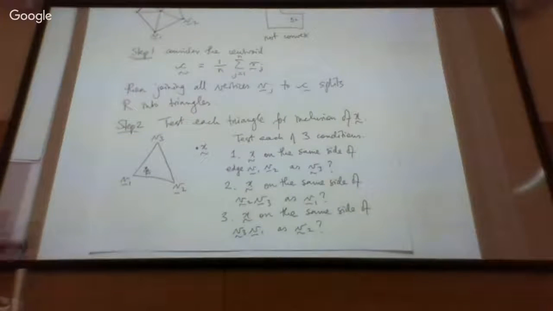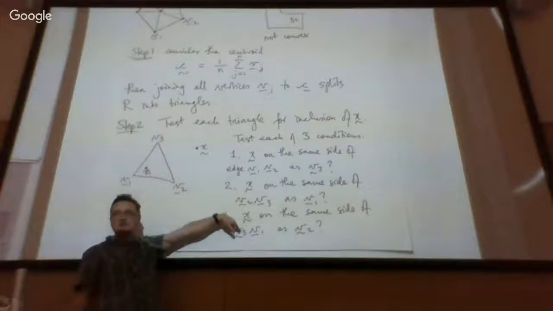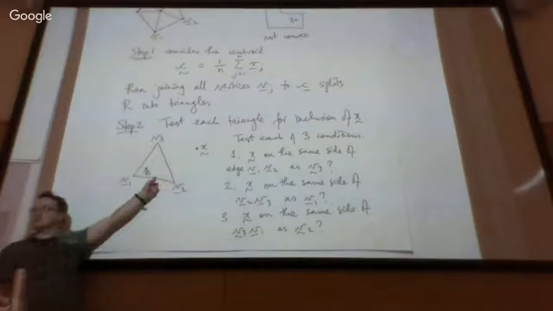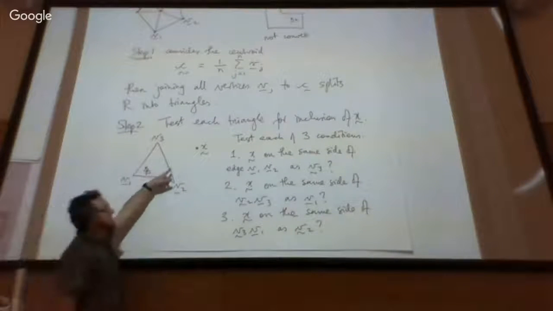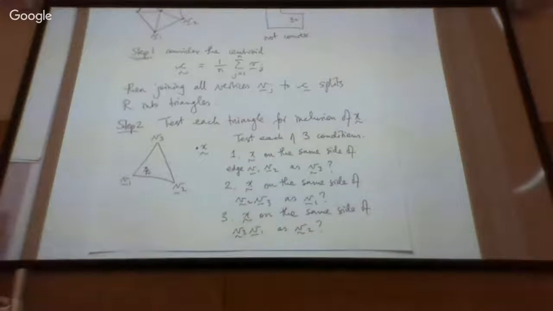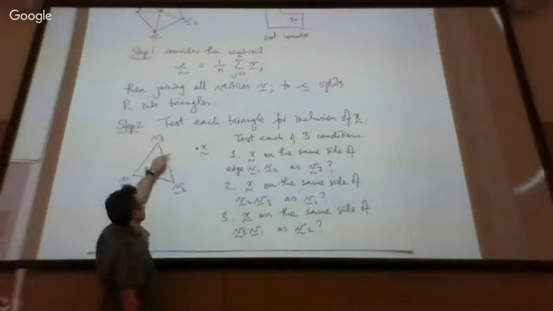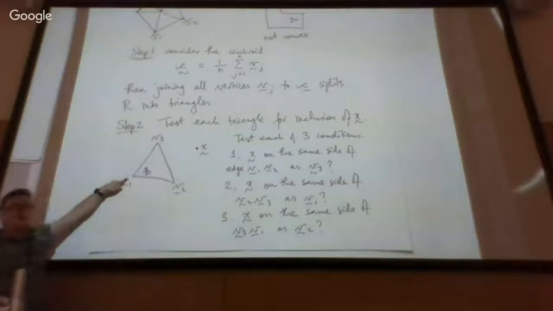Now you can see for this point X inside the triangle, the answer to each of those three questions is yes. But for this X which is outside the triangle, one of the answers is no, because this X out here is on the opposite side of V2, V3 compared to V1.